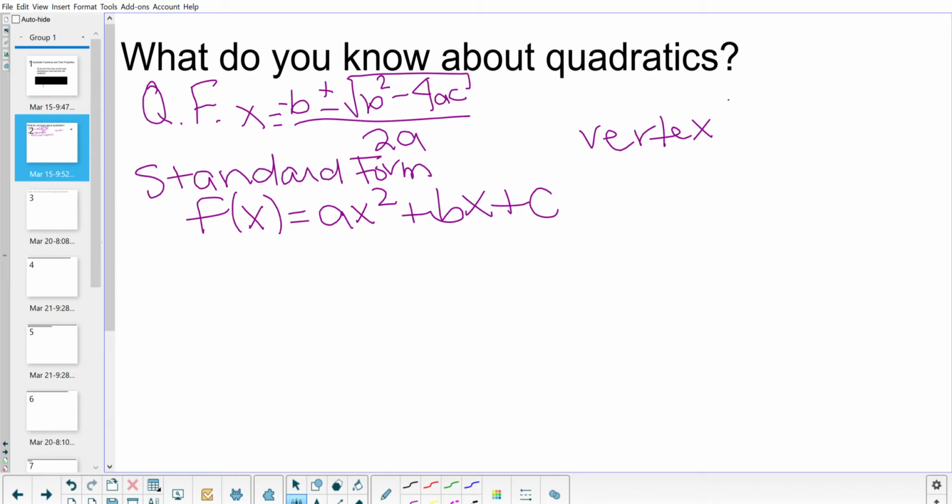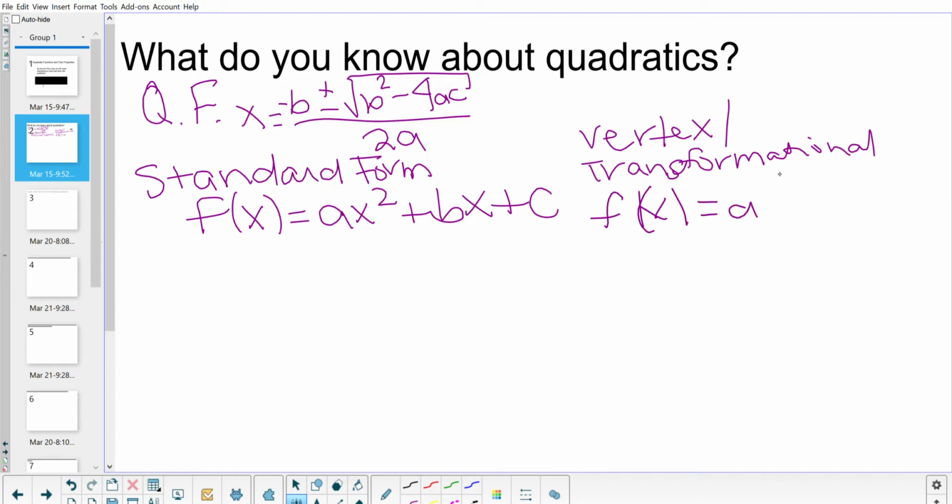It's vertex slash transformational. Okay. And the reason it's called vertex or transformational form, I'll tell you, f of x, it has this a again, but then it's x minus h squared plus k.